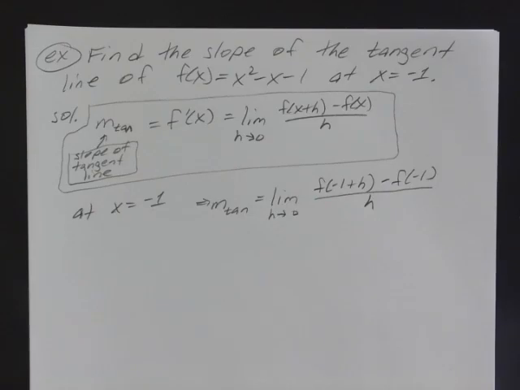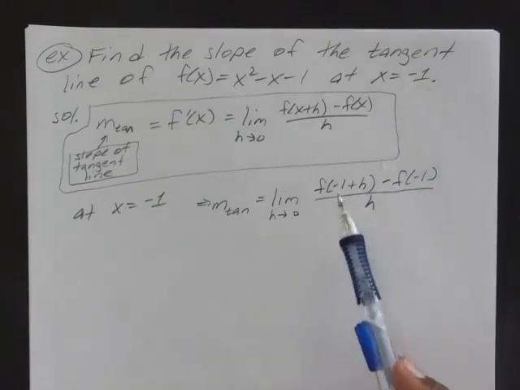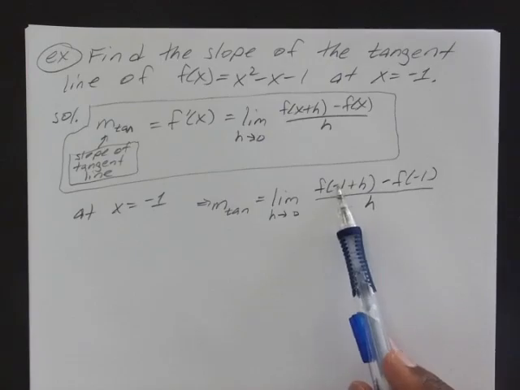So for the last example, we decided to find the derivative or the limit definition first and then plug our value in afterwards. On this one, we're going to do it right at the beginning, which both works.